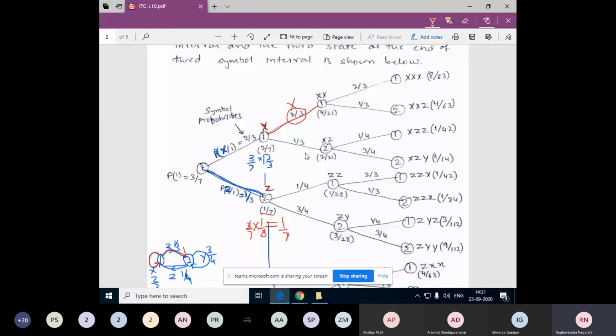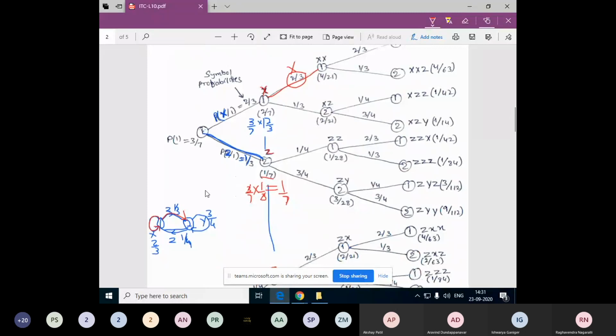And 1 to 2. During this transition, which is the symbol emitted? From 1 to 2, Z is the symbol emitted, and the probability is 1 by 3. Similarly, for state 2, we have two transitions.